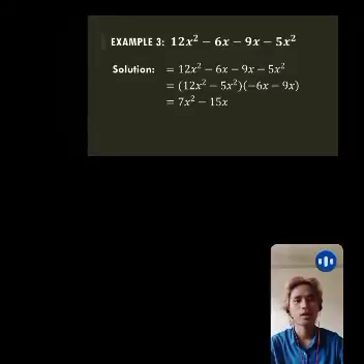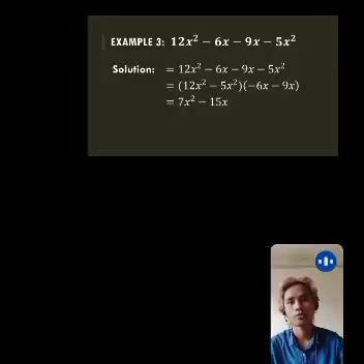Combine 12x squared and the negative 5x squared, and the negative 6x and negative 9x. So 12 minus 5 is 7x squared. Copy the variable and exponent, and then add both negative terms, so that would be 15x.